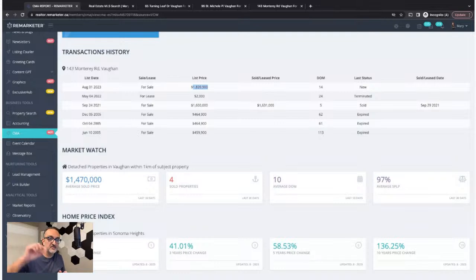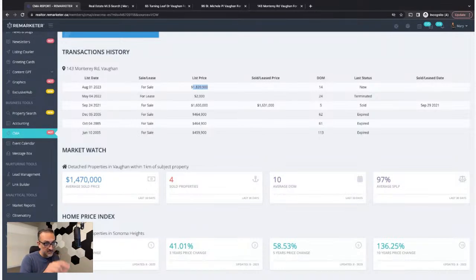This is the property that's more expensive than everybody else. You know that rule in real estate. If you're the most expensive one compared to the rest of the neighborhood, you're going to sit in the market. If you're the cheapest one compared to the rest of the neighborhood, either you're selling cheap or you're going to be the one that's going to sell first.